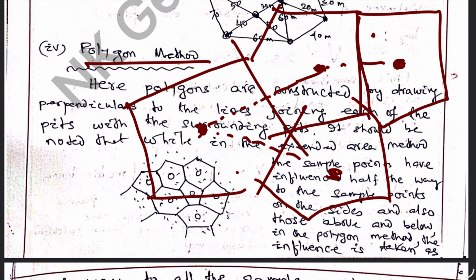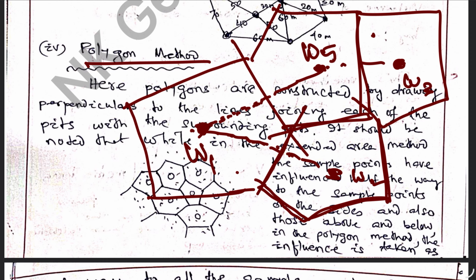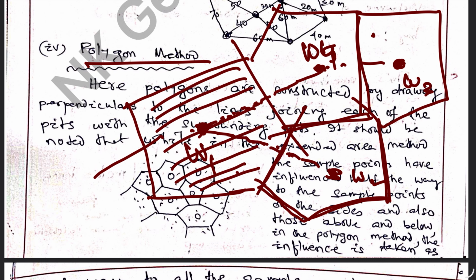If this is the sample, its area of influence is extending up to this. In this manner the polygons are constructed around the sample points. If the width of each block is different, then they are found out, and the area of each block is found out by planimeter.